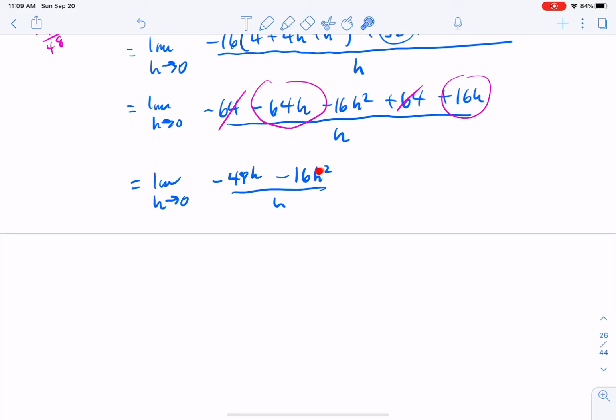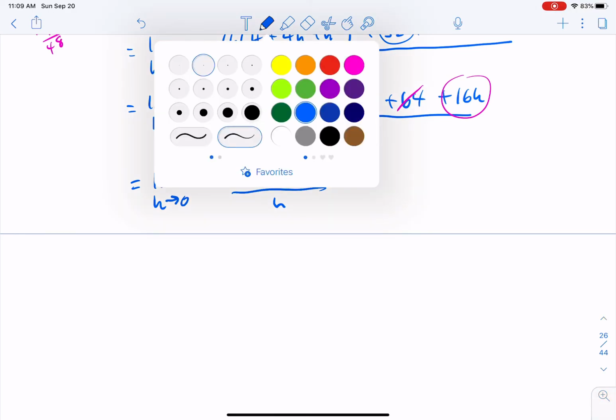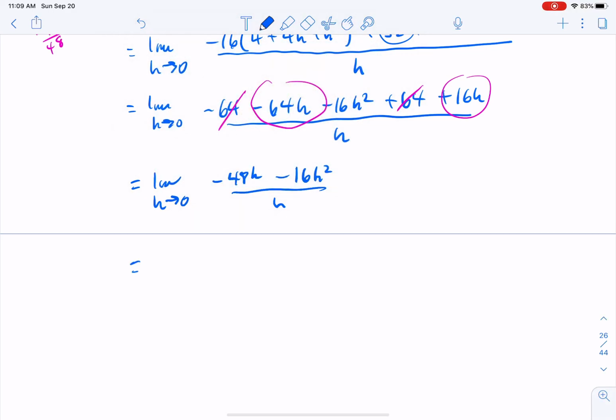I can fix that by factoring out an h from the top here. Or I can just divide h into both of these terms. My recommendation is that you actually do it as factoring because there's less of a chance of making some sort of cancellation error. So I'm going to factor out an h, negative 48 minus 16h, all of this over h.